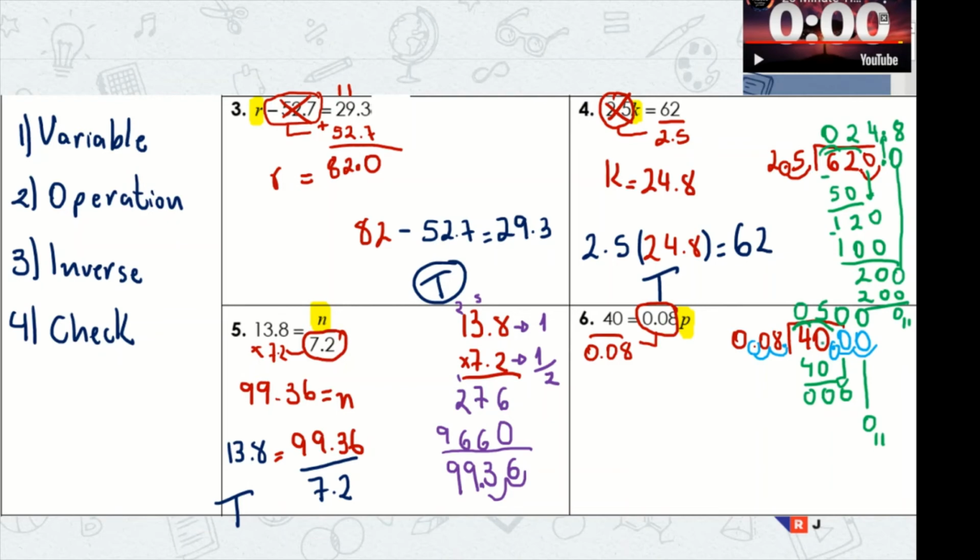My solution is 500. Then what does it mean, P equals 500. Let's check right now. I know my result is 500, and the math operation results in 40. 0.08 times 500, is it true or false?